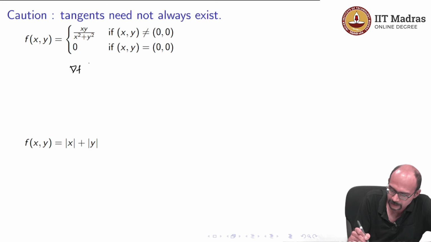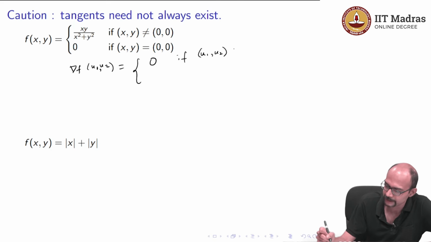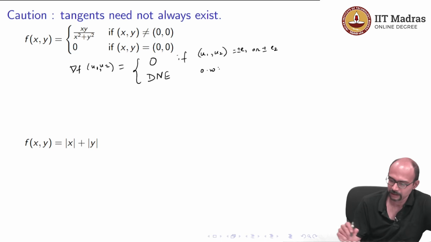But the directional derivative f_u at (0, 0) exists only if u is one of the unit vectors in the x or y direction, that is plus or minus E1 or plus or minus E2, but it does not exist otherwise, right.